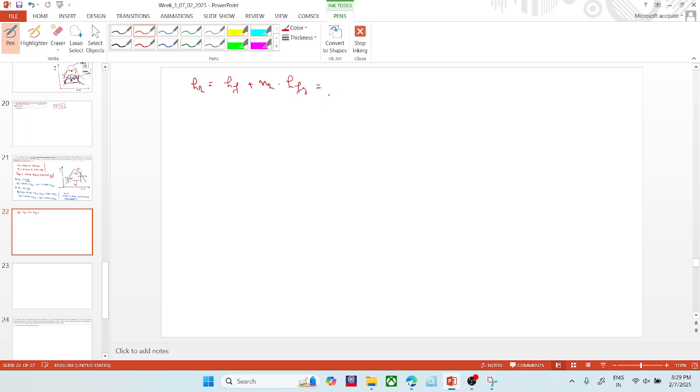So it would be 191.81 plus 0.6812, the value of X2 we got on the previous page, then 2392.1. From here, the H2 value I got is 1821.52 kilojoule per kg.